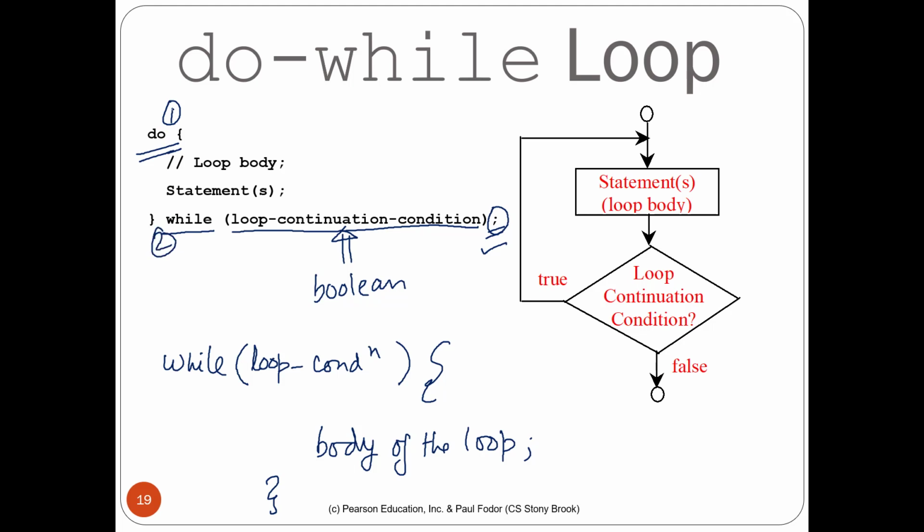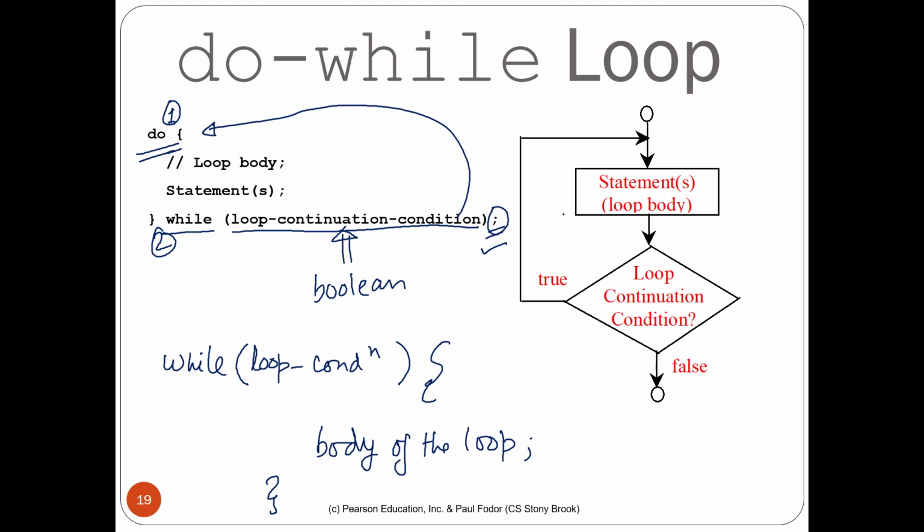In the first position we don't check anything, you are allowed to enter the loop body once, and after that you come to while and you check the condition. If the condition is true, you go back and run the body. You come again. If the condition is true, go again. If the condition is false, just exit. And the most important thing, you need a semicolon in the do while loop.